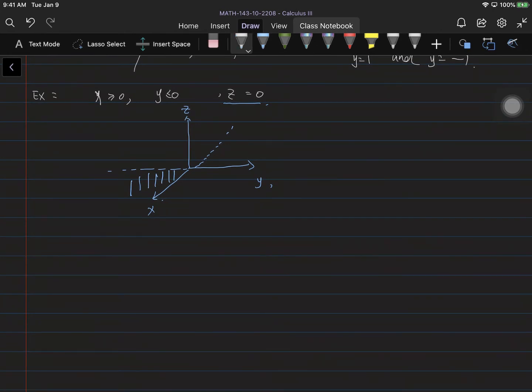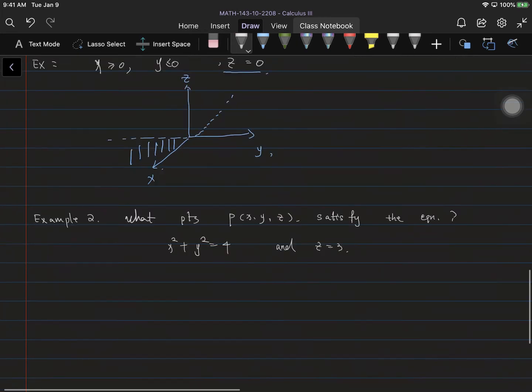Now let's take a look at example 2. What points x, y, z satisfy the equation? Okay, so the equation looks like this. X squared plus y squared equals 4 and z equals 3.